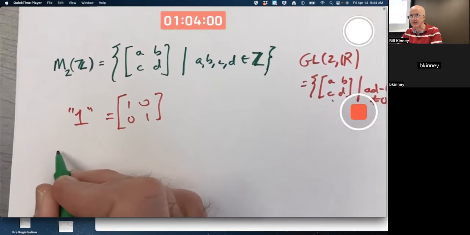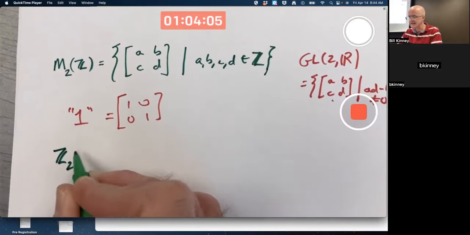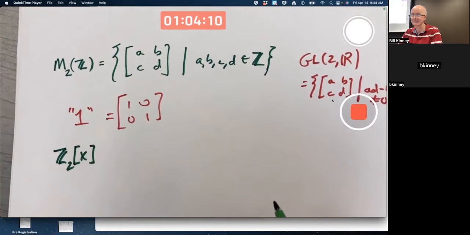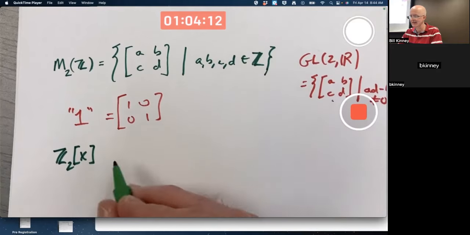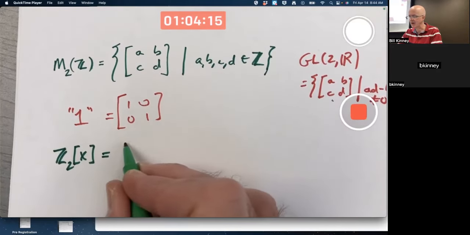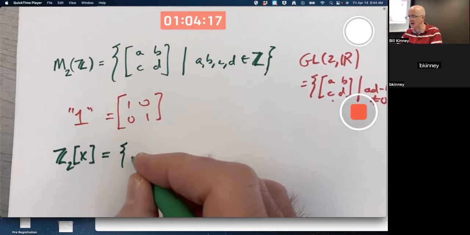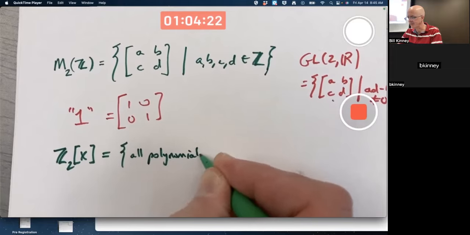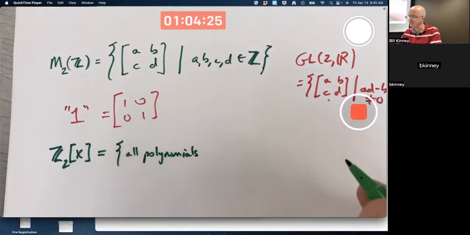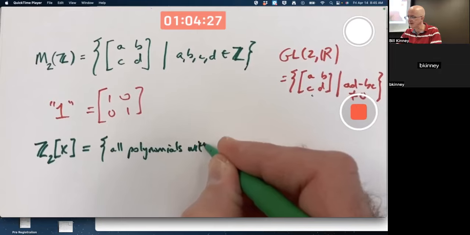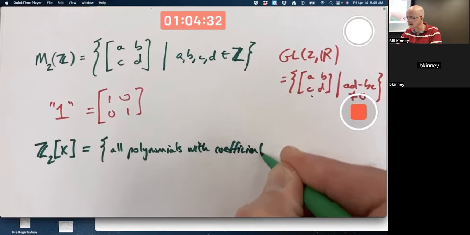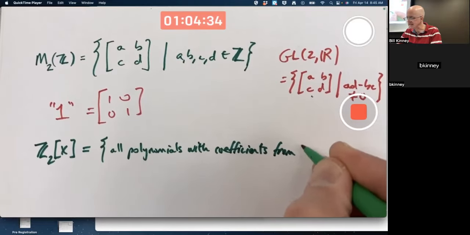There's lots of examples of the following type, but this one's maybe a little bit more interesting than the average one. Z2[x]. This is standard notation for, as a set, the collection of all polynomials with coefficients from Z2.